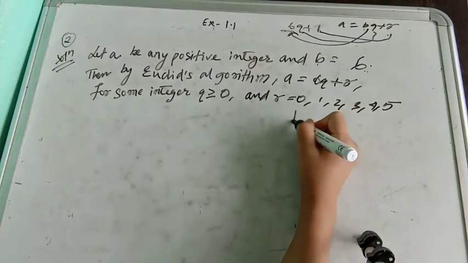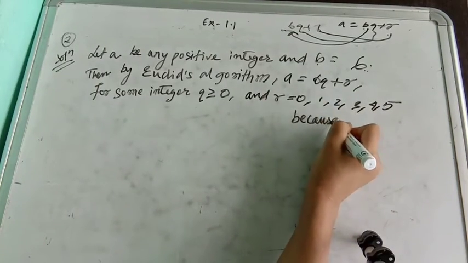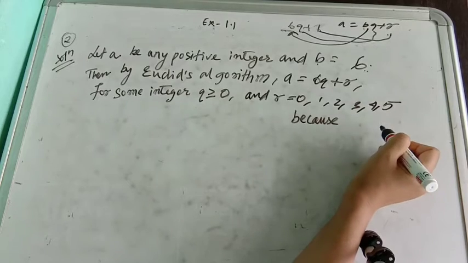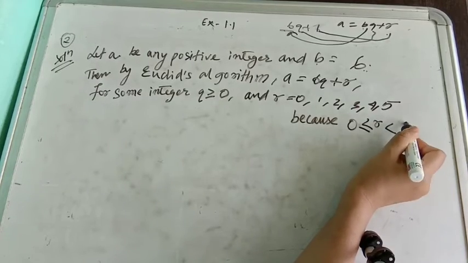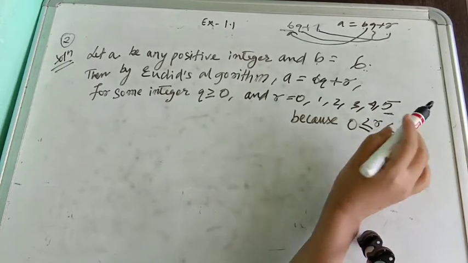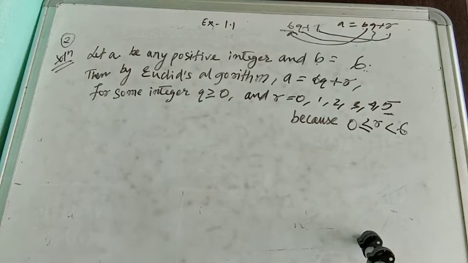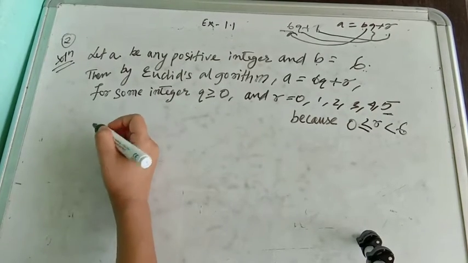Why only up to 5? It is because B is equal to 6 and R should lie between 0 and B, and the value of B is 6. So the value of R will be 0 to 5 only.